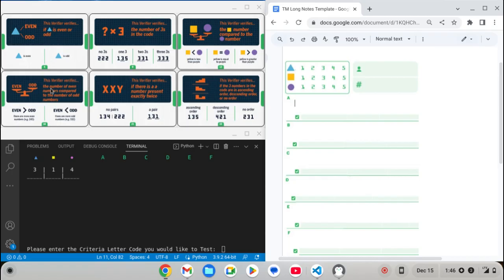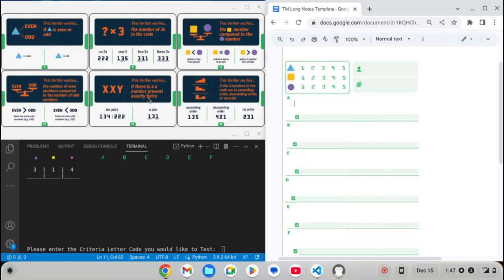Criteria card D, again, will take a look at our 3-digit solution, except this time it'll inform us a little bit about the ratio of even to odds. Should there be more even than odds, or should there be less even than odds? Criteria card E, again, takes a look at the 3-digit solution, but this time it'll let us know a little bit about its structure, so to speak.